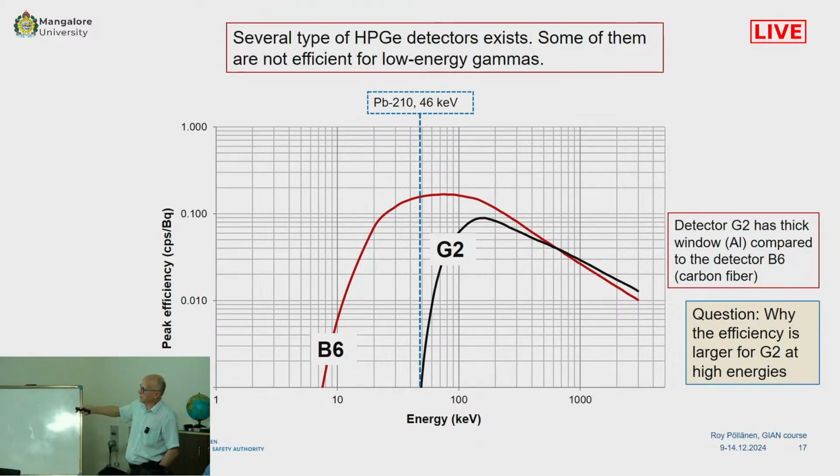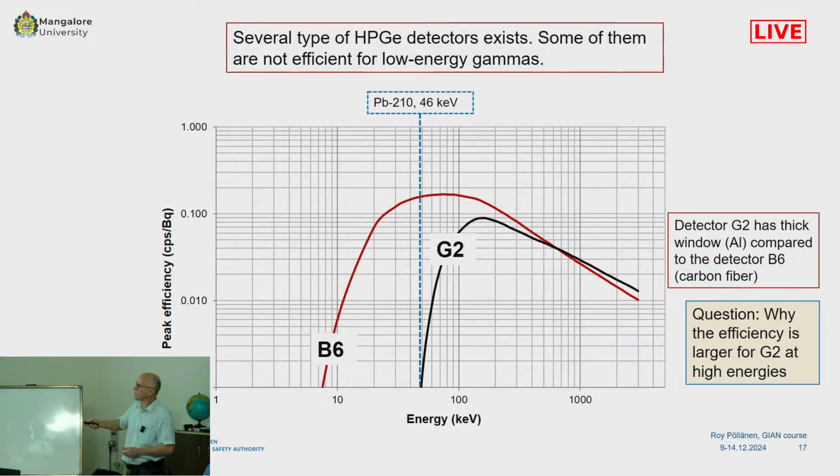This is another detector with an aluminum window. The window is quite thick, which means that these photons cannot go through the window, or only a small part. We call this detector G2. It's an internal symbol.